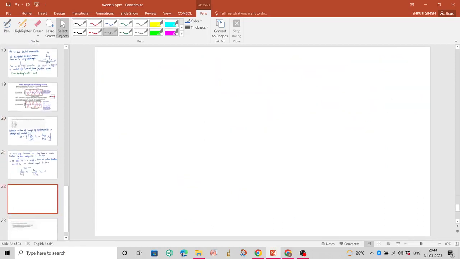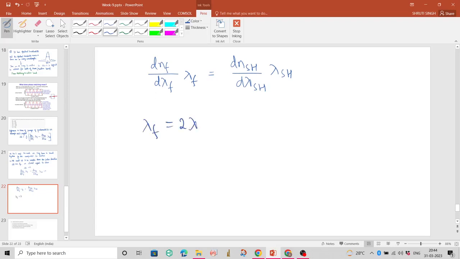Now just do the shifting, that is dnf by d lambda f into lambda f is equal to dnsh by d lambda sh into lambda sh. Now the relation between the wavelengths of the fundamental and second harmonic is that lambda f is equal to 2 times the wavelength of the second harmonic. So you can put this condition here.